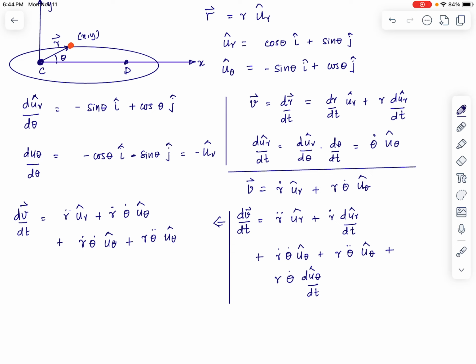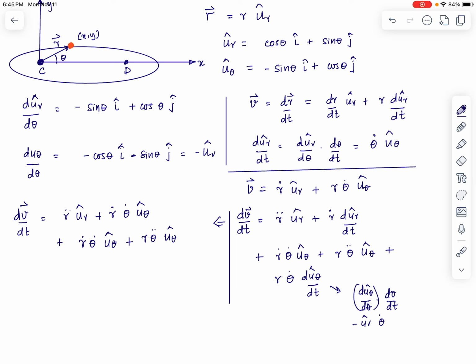and du theta/dt is nothing but du theta/d theta times d theta/dt. So you can write this as du theta/d theta times d theta/dt, and this is nothing but negative u of r, and d theta/dt is theta dot, right?